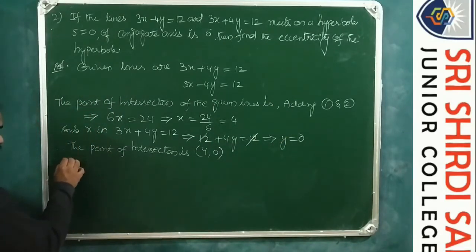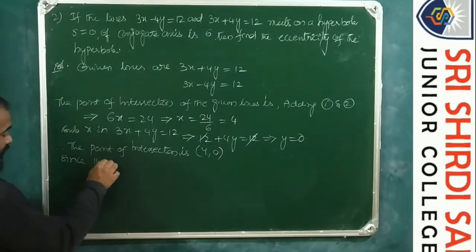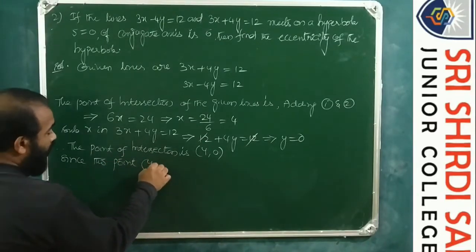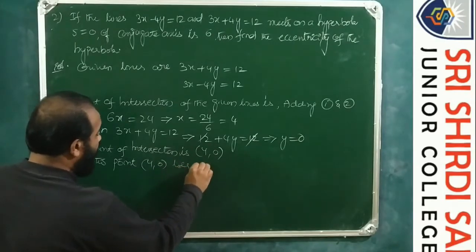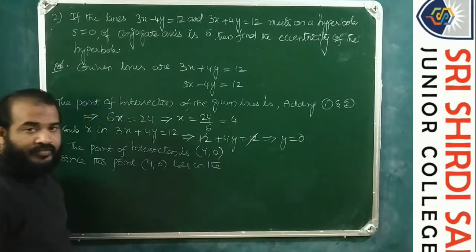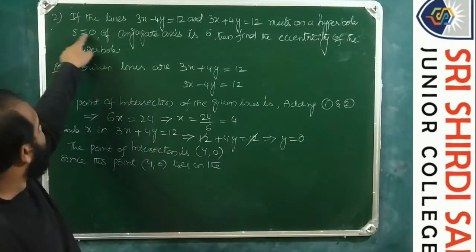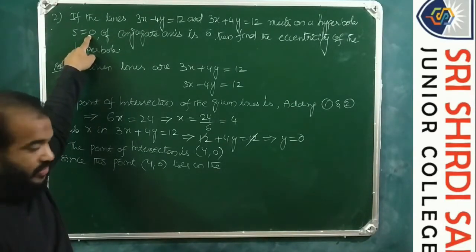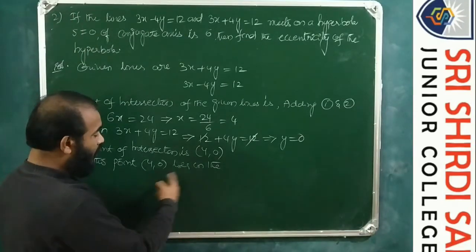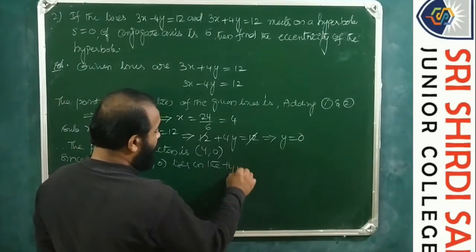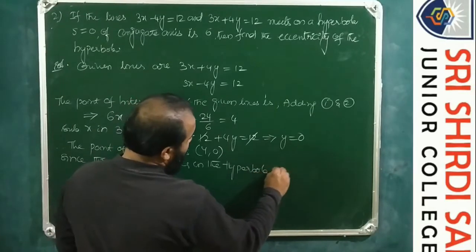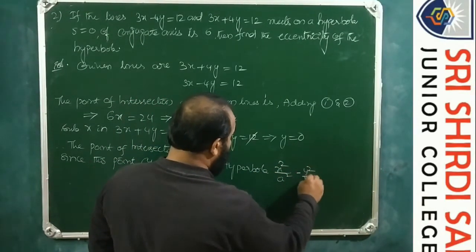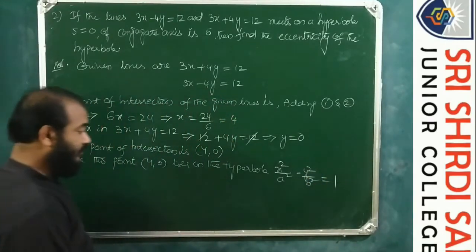This meets on a hyperbola, that means this point lies on the hyperbola. Since this point 4 comma 0 lies on the hyperbola, which is not given, s is equal to 0, that means we have to take the standard equation of the hyperbola into consideration. So x square by a square minus y square by b square is equal to 1.